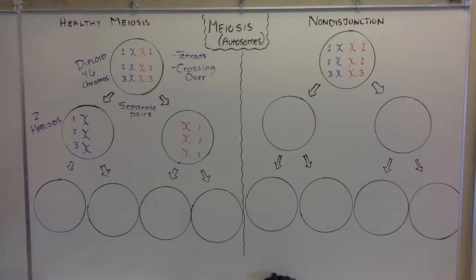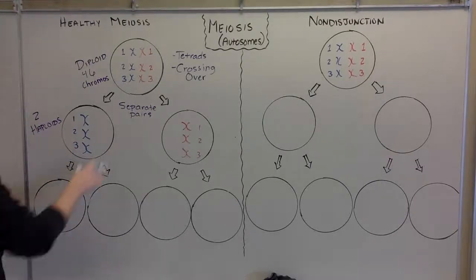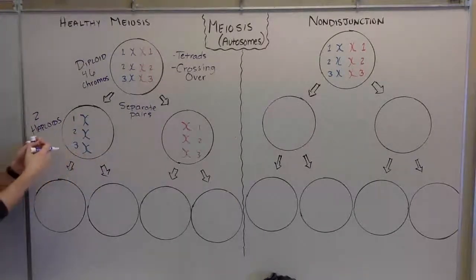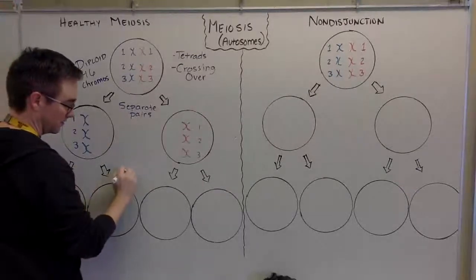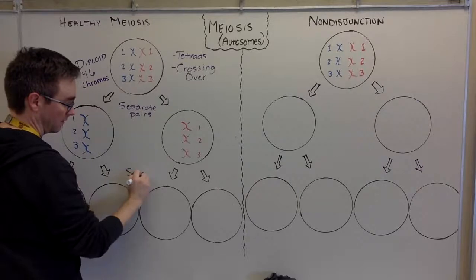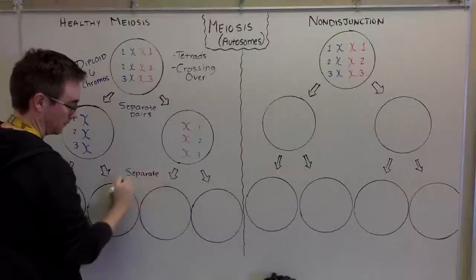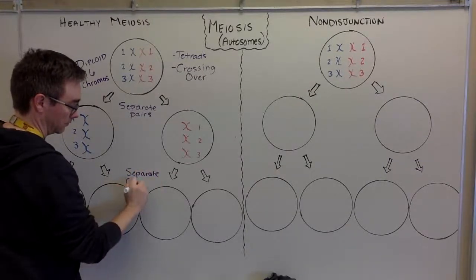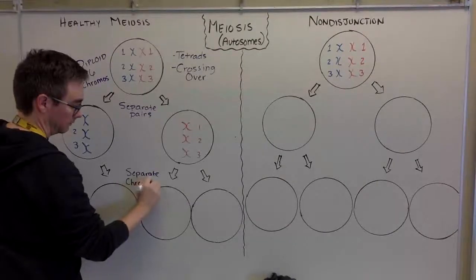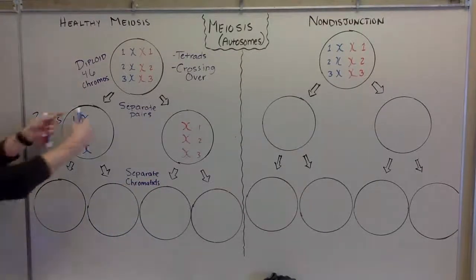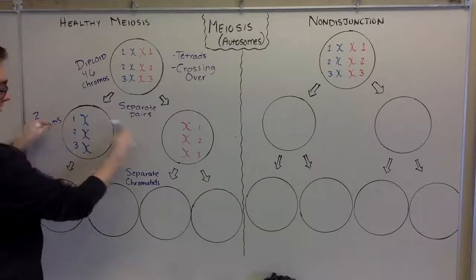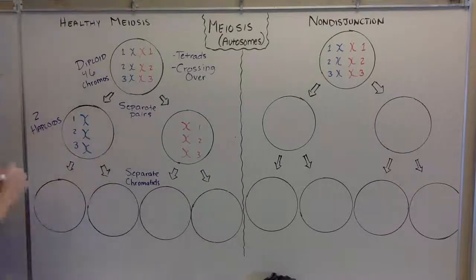And then we go into meiosis 2. In meiosis 2, kind of a similar process, we now separate the sister chromatids. We pull apart each one of these sister chromatids, the number 1, the number 2, the number 3.